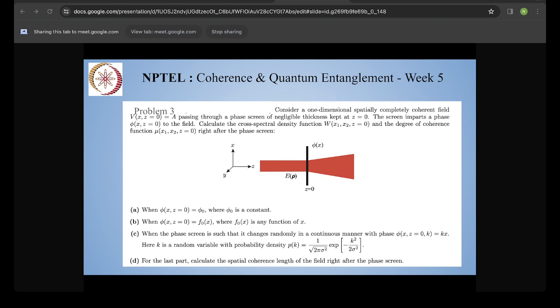If you calculate it, then it will become A square by A square, which is equal to 1 for the first case, where phi 0 is constant.